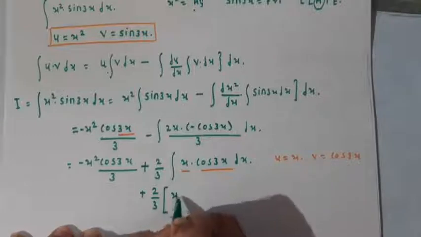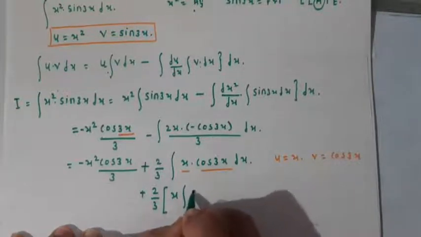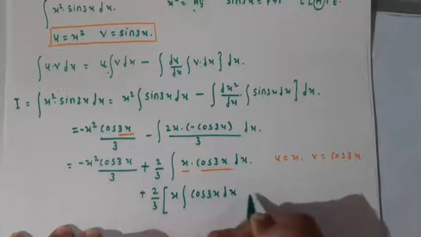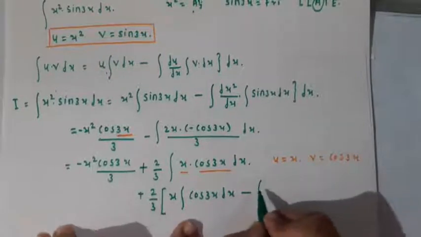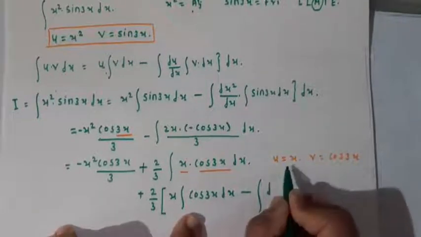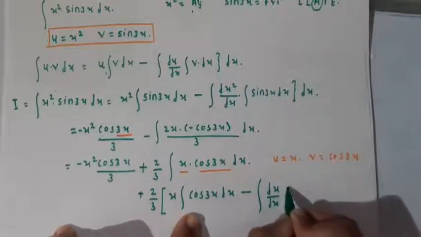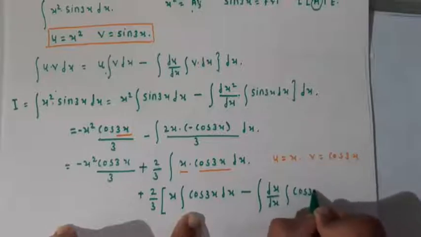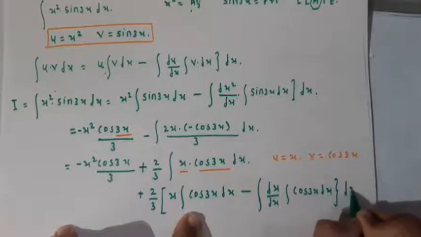So x as a constant means u, integration of v, that is integration of cos of 3x with respect to x, minus integration of differentiation of u, meaning differentiation of x with respect to x, into integration of v, that is cos of 3x with respect to x, and whatever is the integration, whole with respect to x.